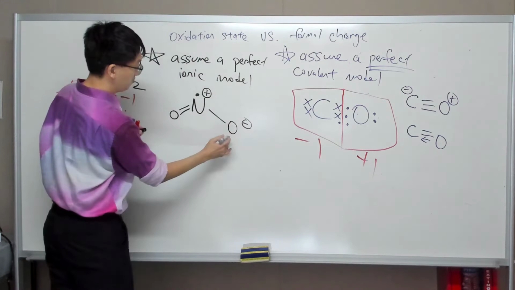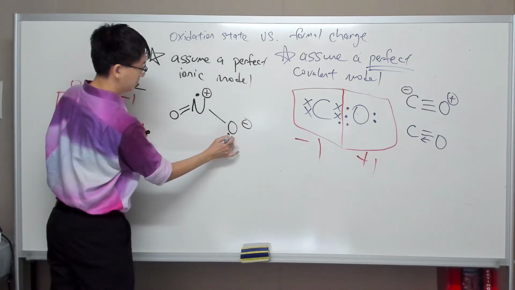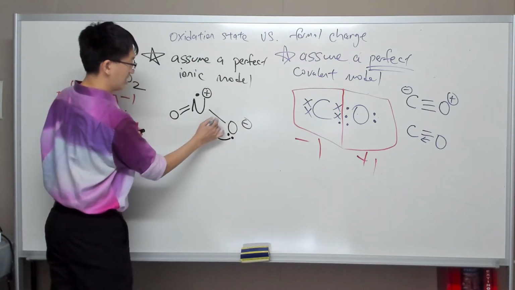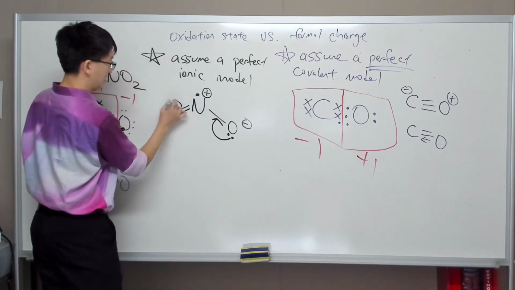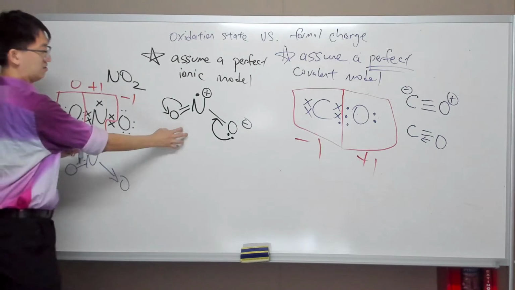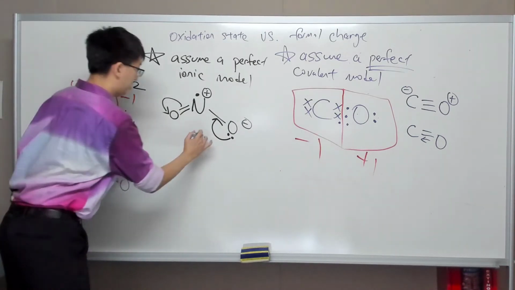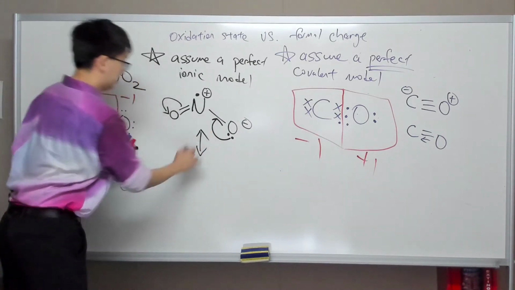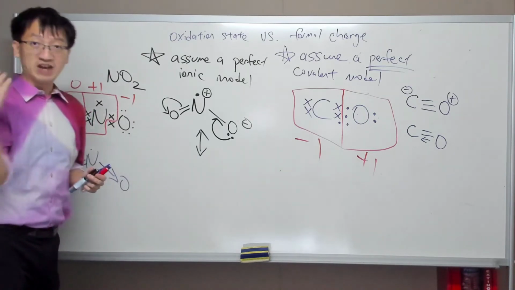You might have heard or read in textbooks that the lone pair here can delocalize into the other oxygen, something like this. So this represents the movement of a pair of electrons, and this double arrowhead represents resonance structures.